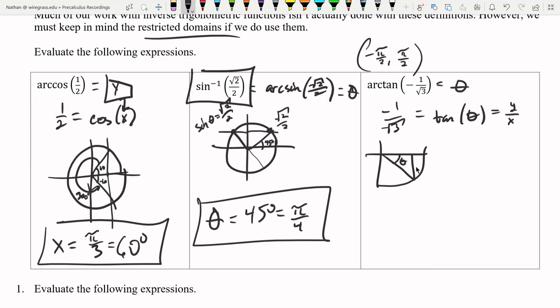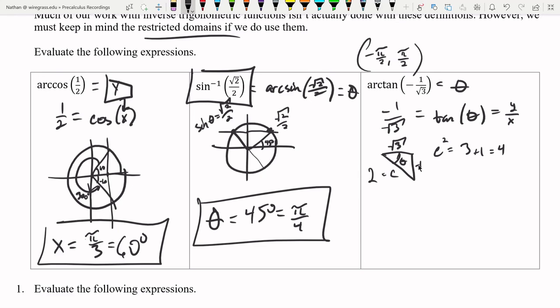With that the case, that means that y has to be negative and x can be root 3. And of course, we can use the Pythagorean theorem to find c. Doing that gives us c squared equals 3 plus 1, 4. So c must equal 2. This is actually a 30, 60, 90 triangle because I recognize the side lengths, because we had 1, root 3, and 2.